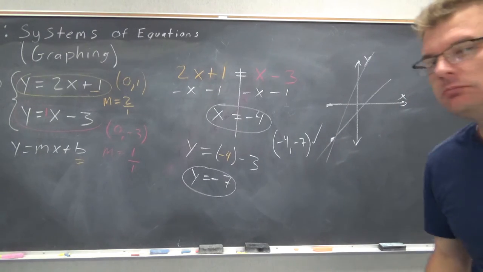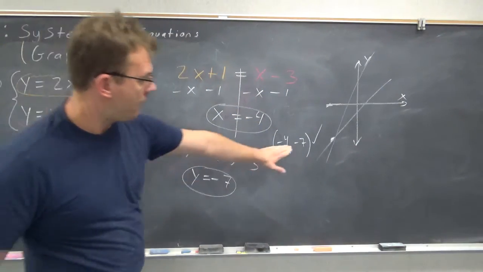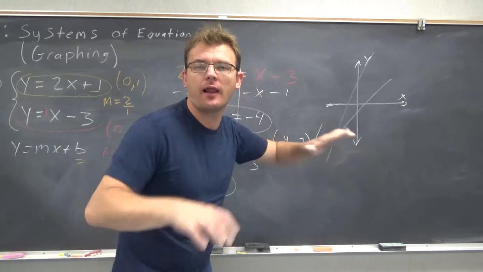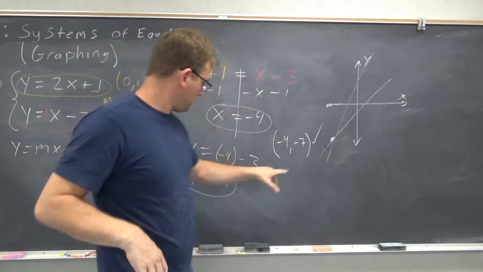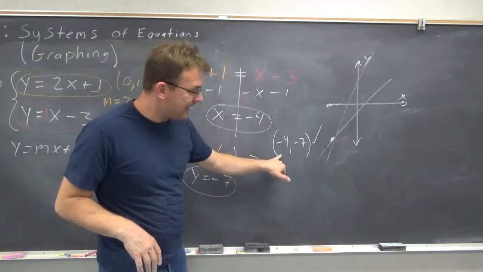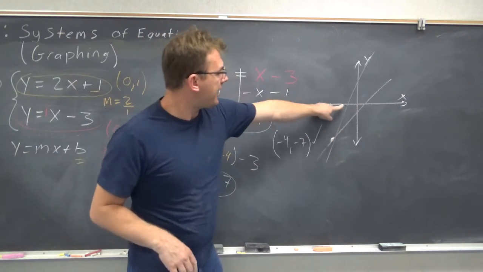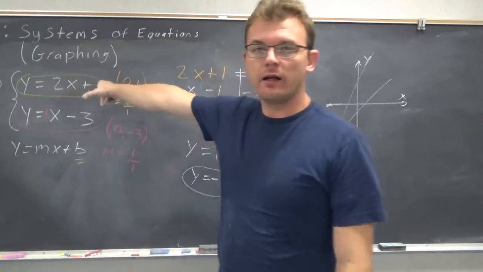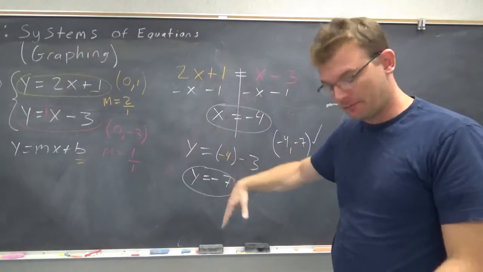Look at that. If you look back on your graph, we were unsure where they were going to intersect, but they should intersect at -4, -7. And you can see that, -4, -7. So that was one way we can use substitution to help really define our answer.